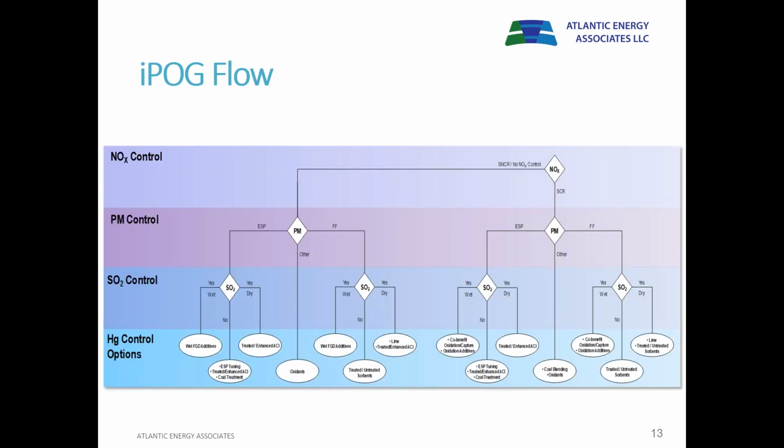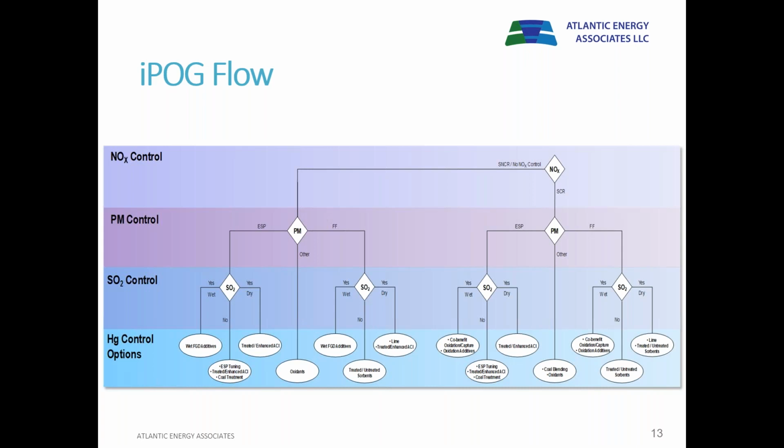So how does it work? If you imagine a power plant and flue gas control equipment, these are the different layers that describe control of pollutants. The first step is to control oxides of nitrogen. So we ask ourselves the question: is there an NOx control like SCR, or is there not?